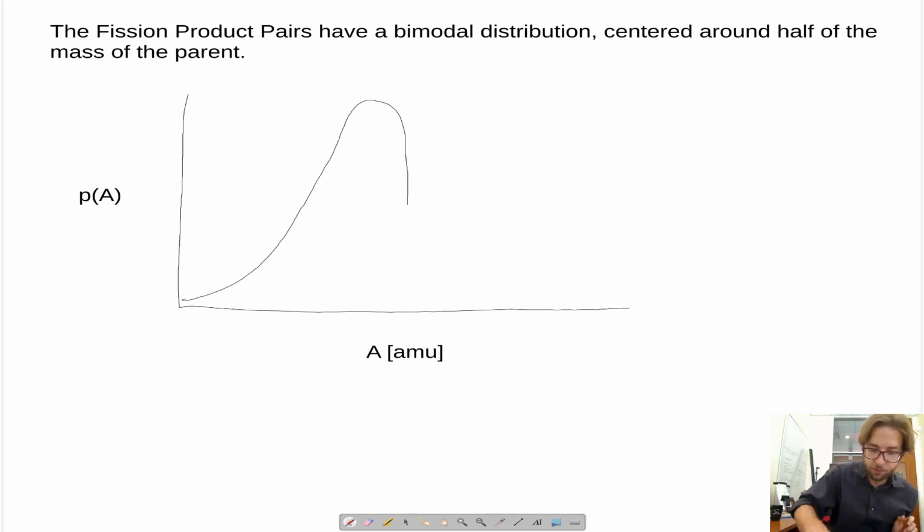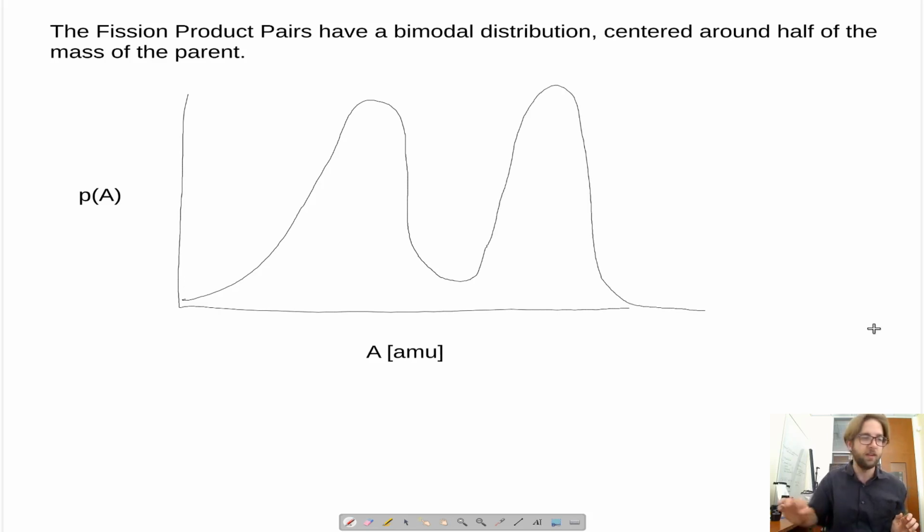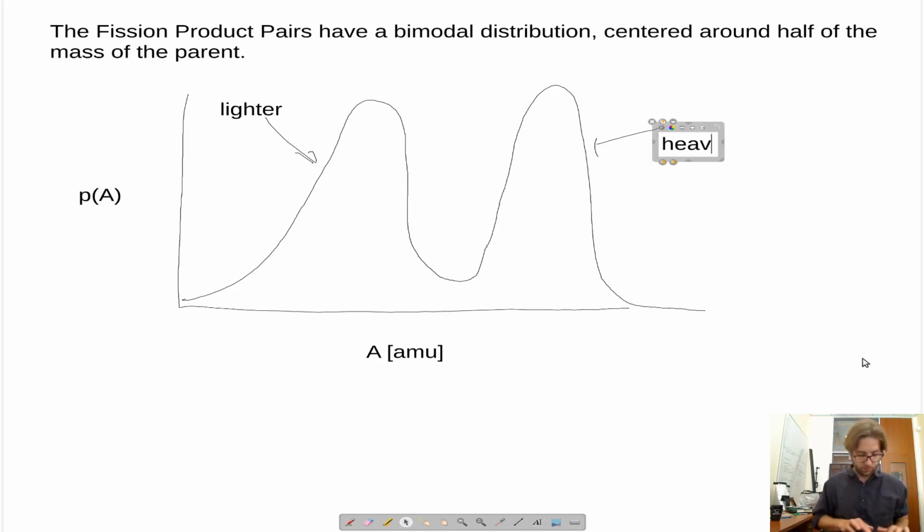So there's going to be one hump at lower atomic mass units, and then another hump at higher atomic mass units, and then that'll trail off. So this peak here represents the lighter species, and this peak here is the heavier one. Okay, cool.